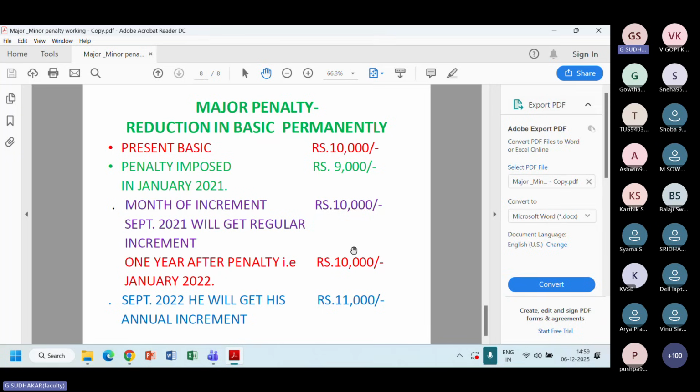So this is permanent. He will not get this amount of one increment permanently in his career. So this is the difference between major penalty and minor penalty. Minor penalty has an effect for only 1 year, but major penalty has a permanent effect for the entire service. So that is the difference. This I wanted to show you.